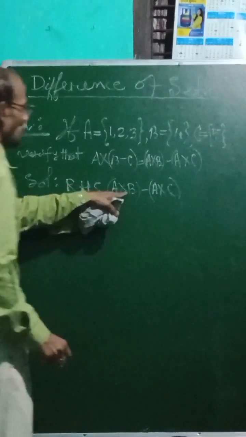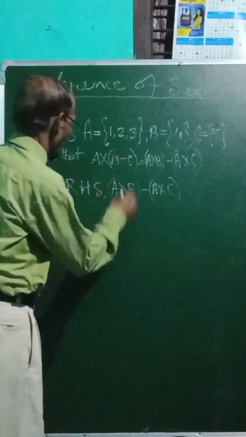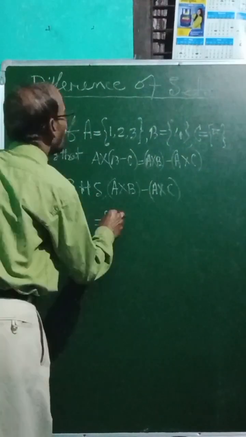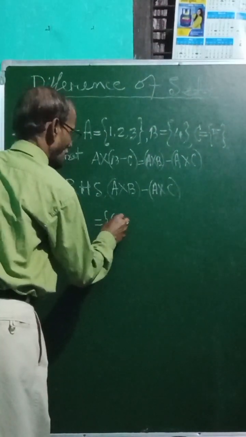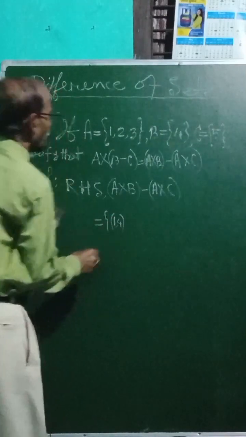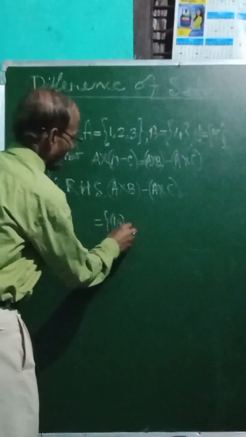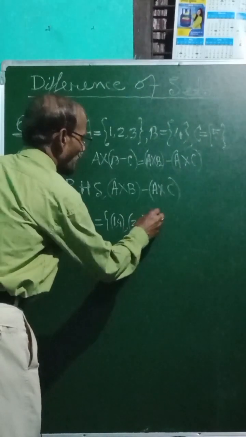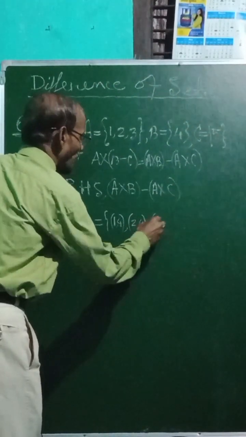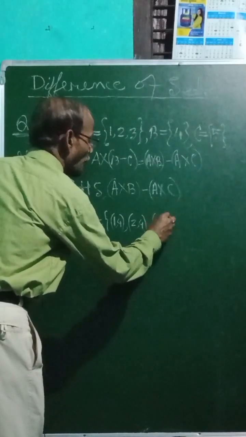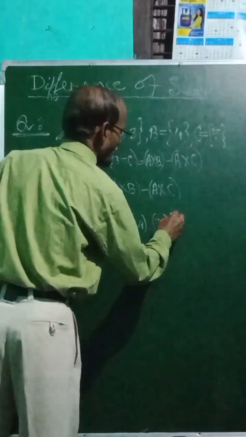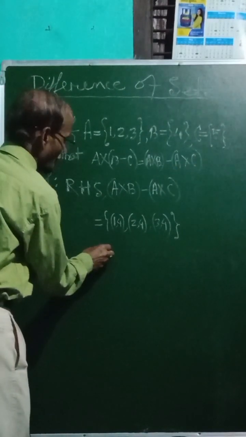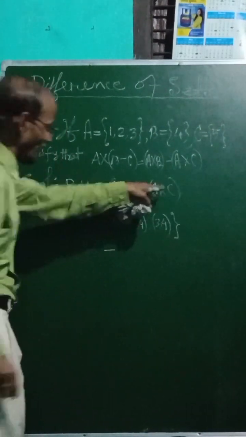Right hand side: A cross B minus A cross C is equal to {(1, 4), (2, 4), (3, 4)}, same thing what we have written first, and then minus this.